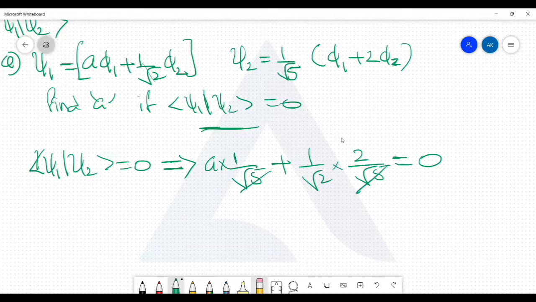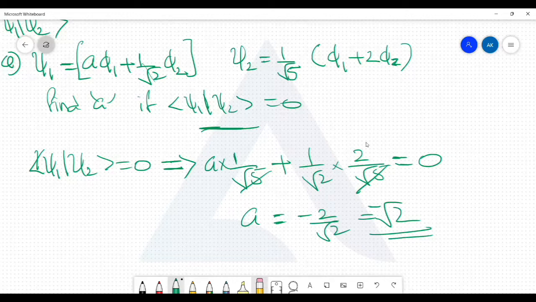Root 5 will go out and A equal to minus 2 by root 2, that is minus root 2. So if the systems are orthogonal, then the value of A will be simply minus root 2. So this is the answer.